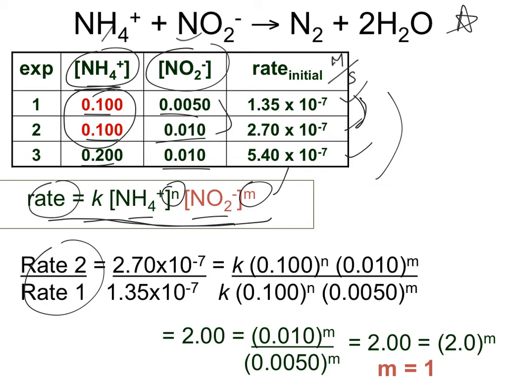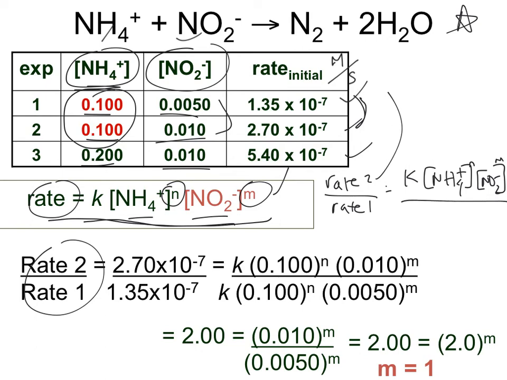Another way to look at this is rate 2 over rate 1 is going to be equal to K, the concentration of NH4 plus to the N value, and then the concentration of NO2 minus to my M value, over the same thing, because obviously we're dealing with the same reaction. Then we plug in the subsequent numbers.